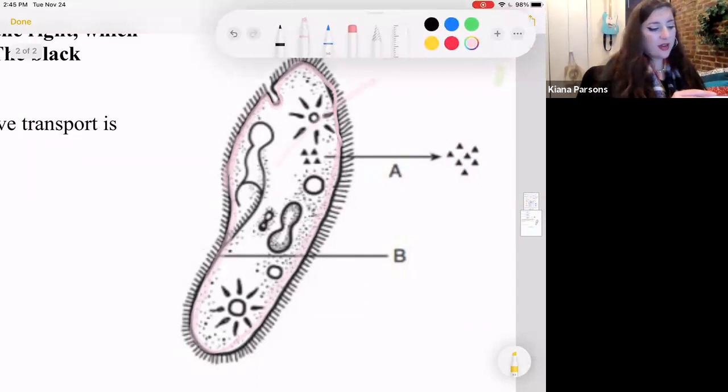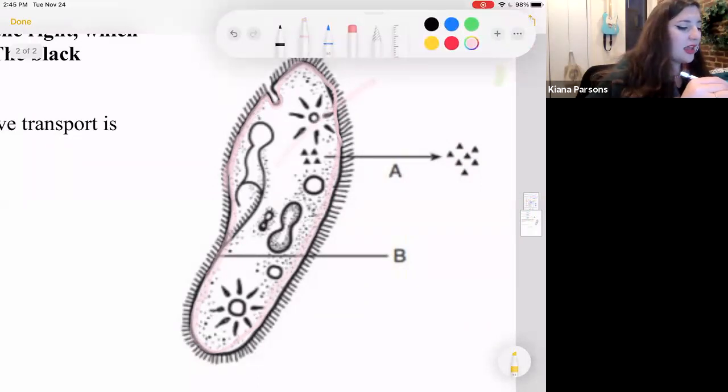And this arrow looks like it's showing a movement from low to high. So that looks like active transport to me.